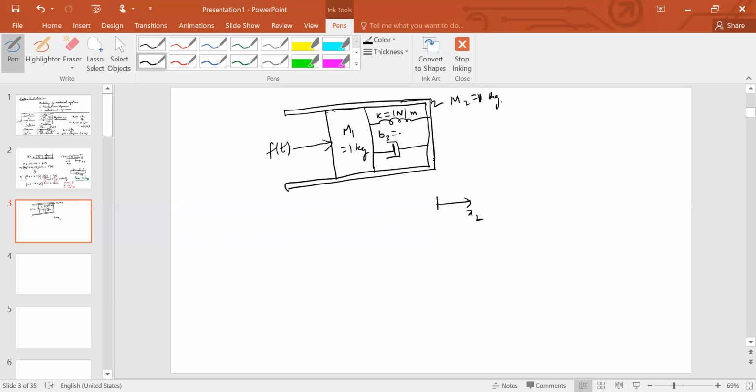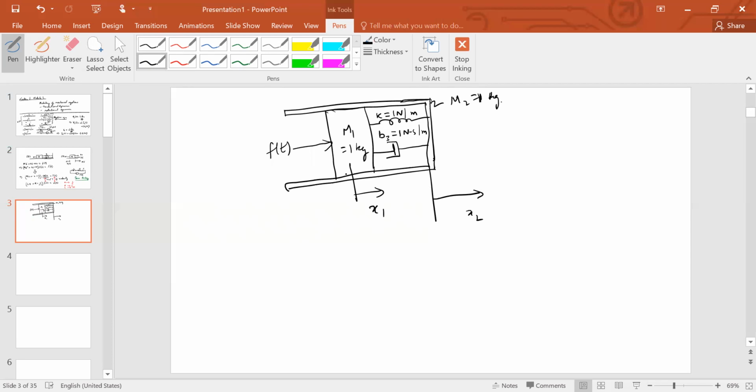It'll be clear why I'm calling this B3, because there'll be other factors called B1 and B2. So the displacement of the big box inside which everything lies is given as x2, but the displacement of the smaller mass inside this box is known as x1.